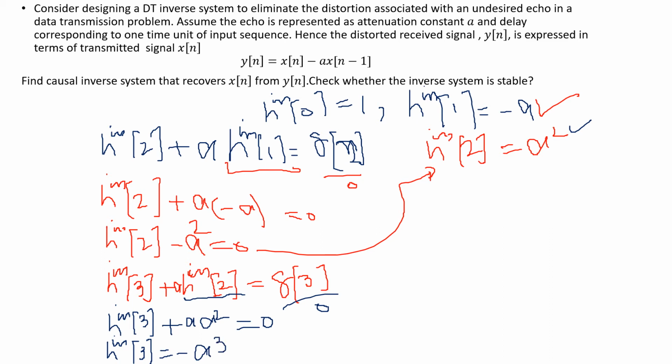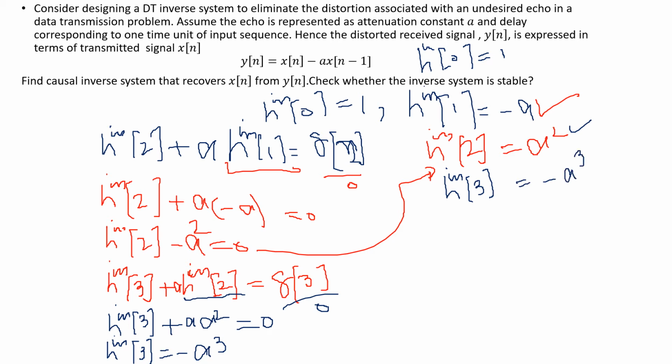If I write here, h inverse of 0 is equal to 1. Then h inverse of 3 is equal to minus a cube.